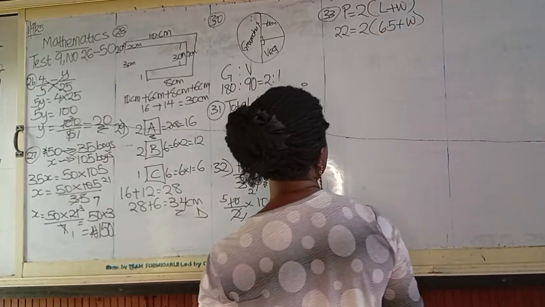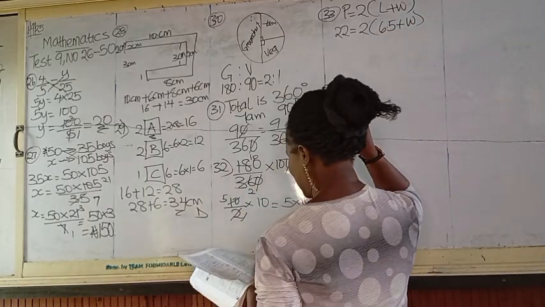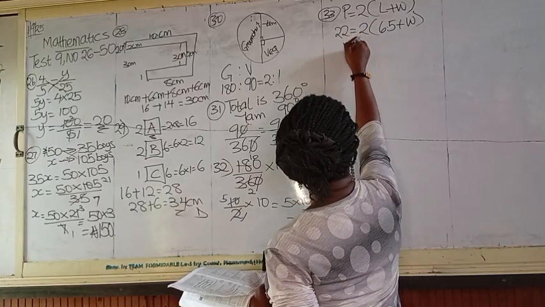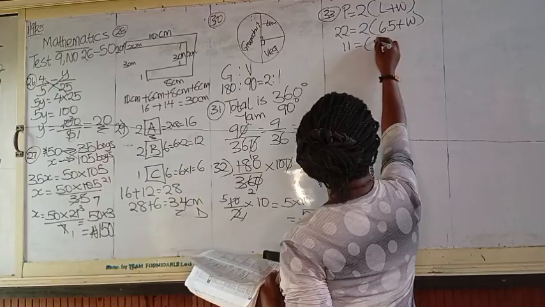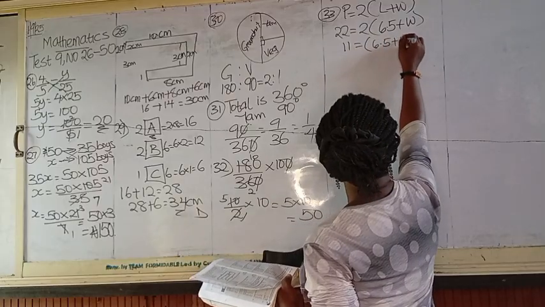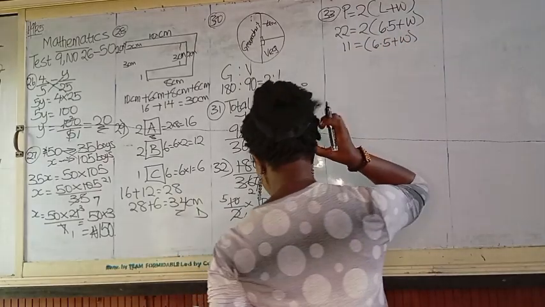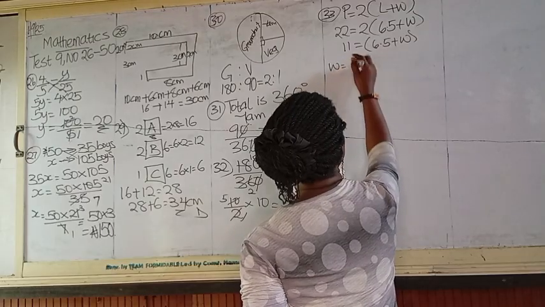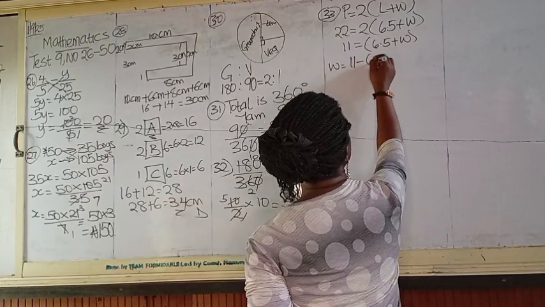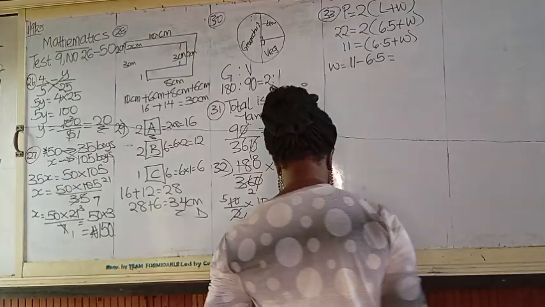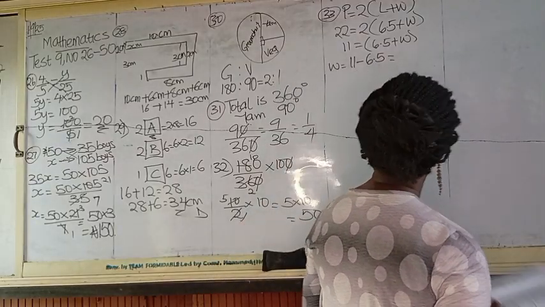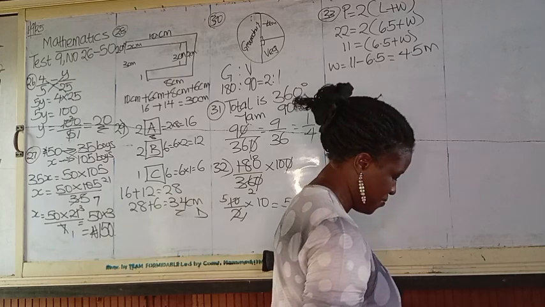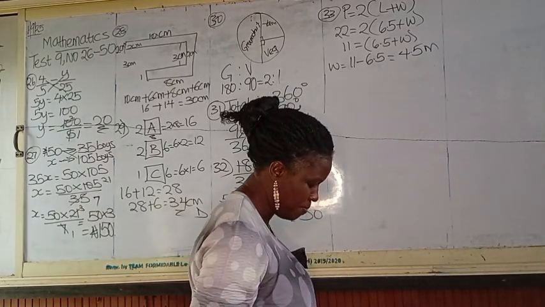Let's divide both sides by 2. So that means divide this by 2. We are having 11 is equal to 6.5 plus W. Is that our final answer? No. So W is going to be 11 minus 6.5, which is equal to 4.5. So our answer there is 4.5 meters, which is option E.